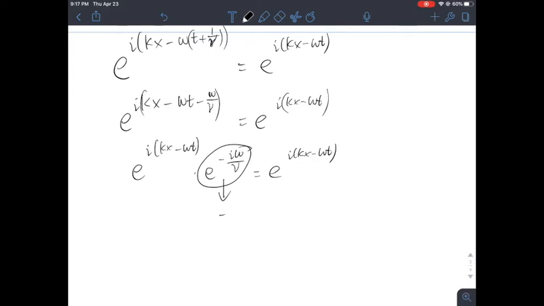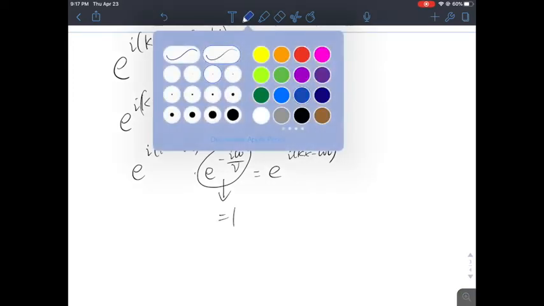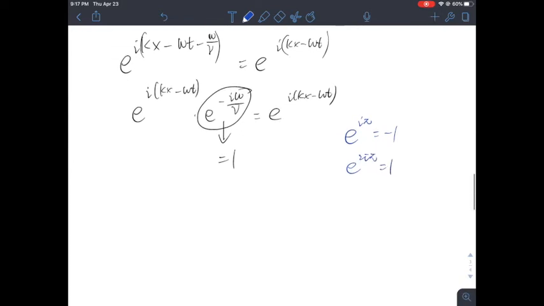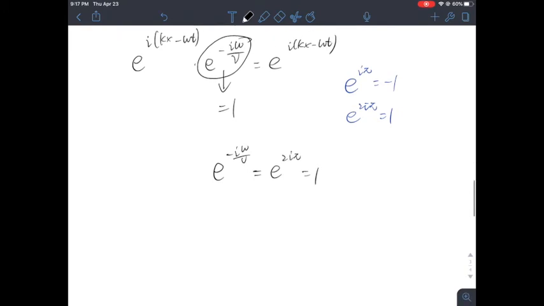Then this value has to equal 1 in order for the equation to hold. So let's use our old friend Euler's identity again. e to the i pi squared is equal to 1, and we plug it back into our equation. So e to the negative i omega divided by the frequency equals e to the i 2 pi, equal to 1. Then we have omega over the frequency equal to 2 times pi.